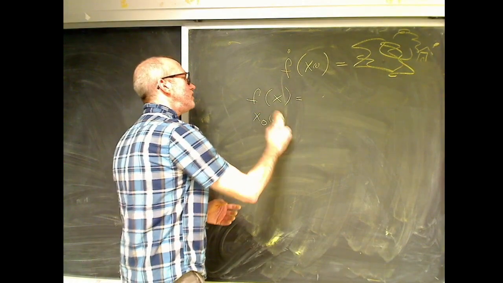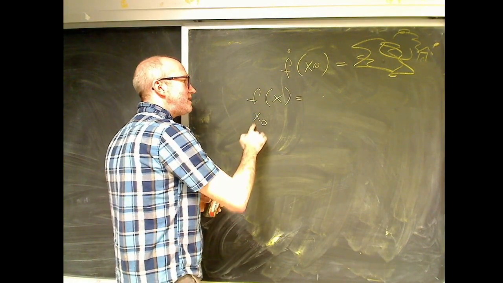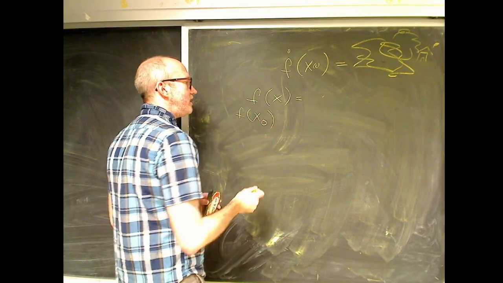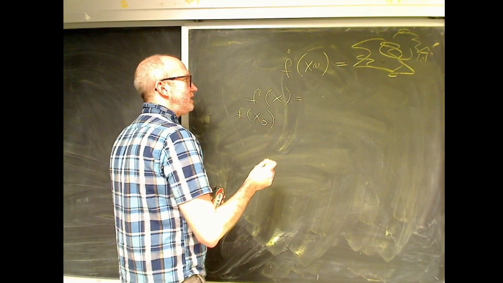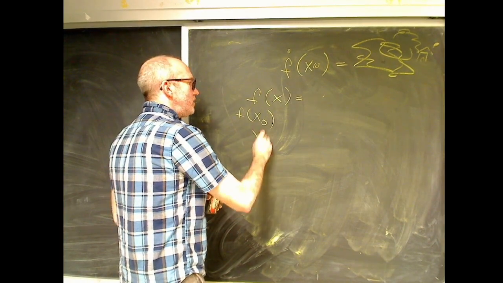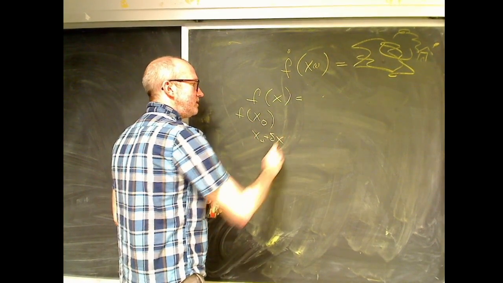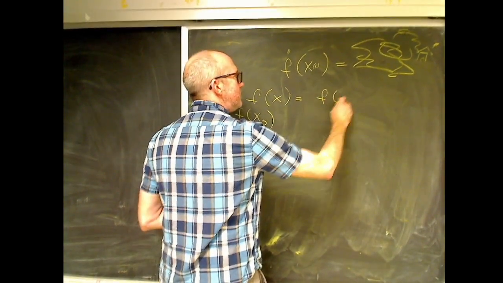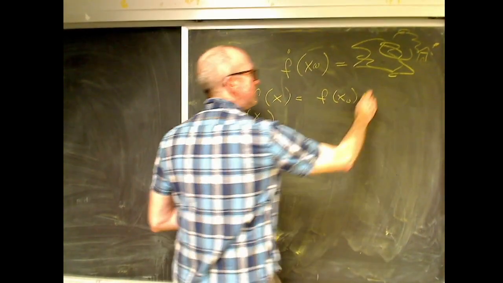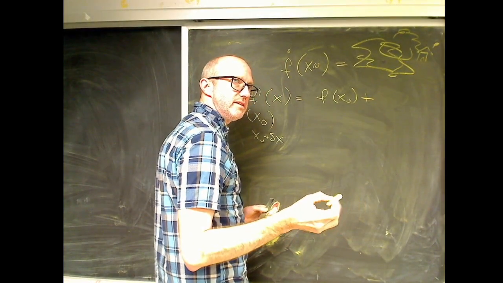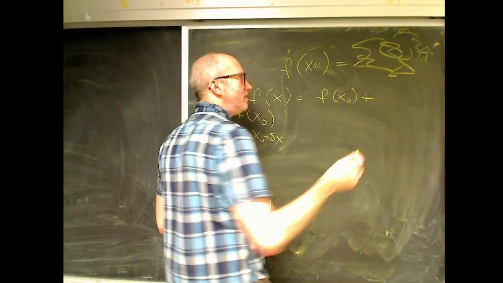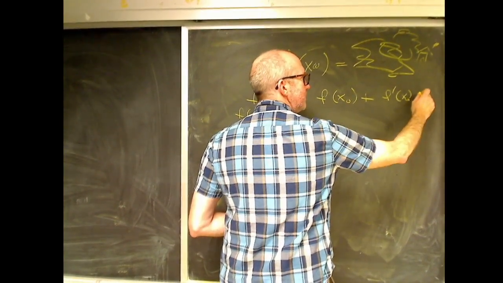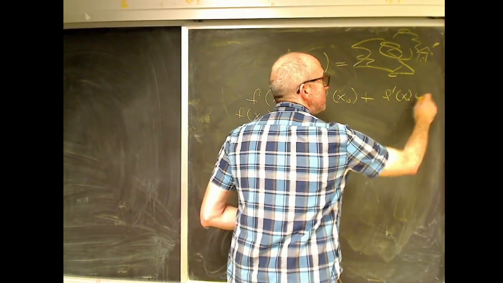No, x naught is not a function of t. x naught is position, I have an equilibrium. So I know f of x naught. I can then expand this around x naught plus delta x. So f of x is f of x naught plus f prime of x naught times delta x.